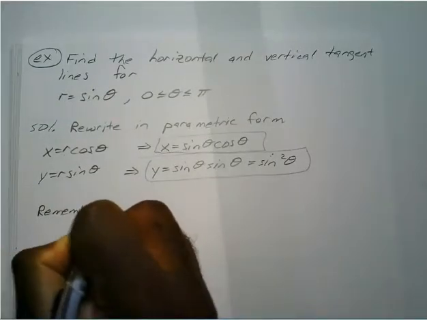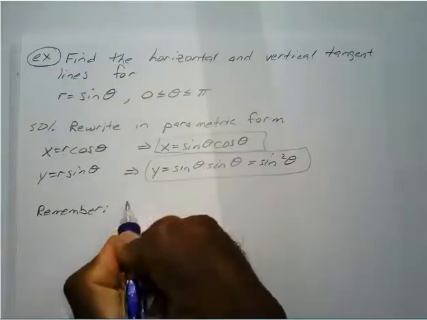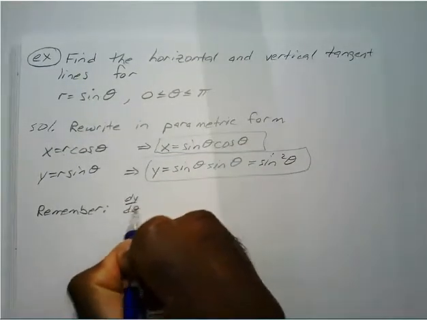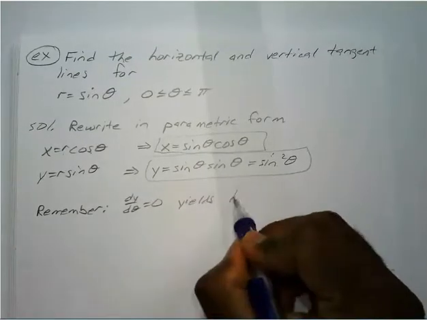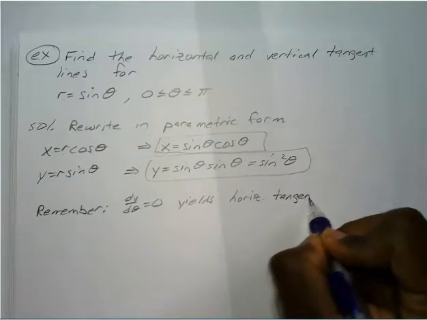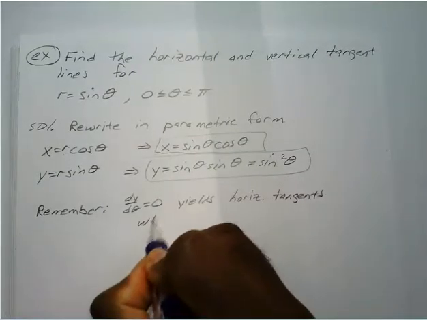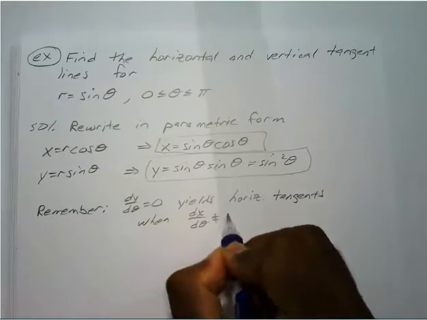Okay, so if you remember, to find the horizontal and vertical tangents, our dy/dθ equals 0 yields horizontal tangent when dx/dθ does not equal 0.